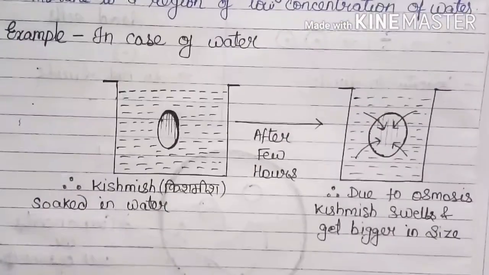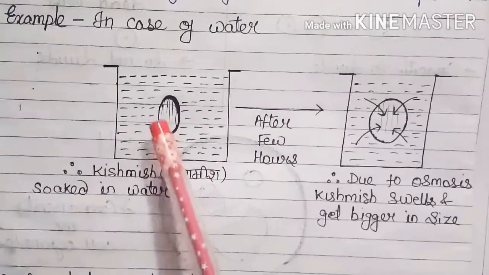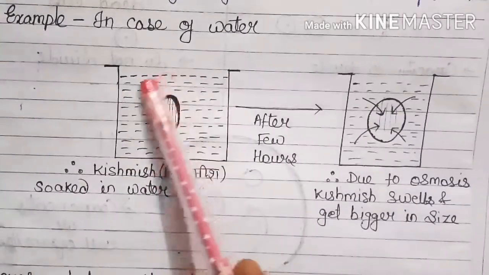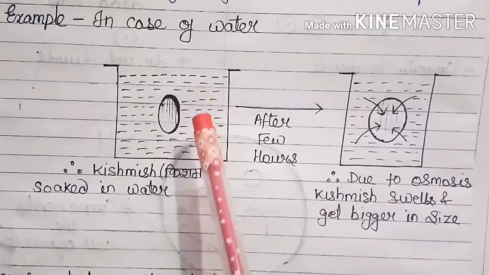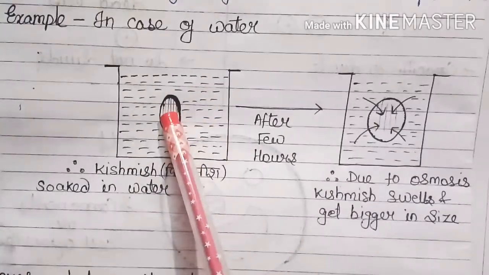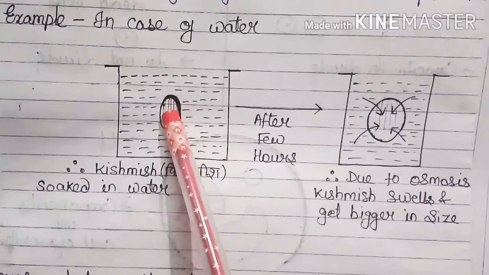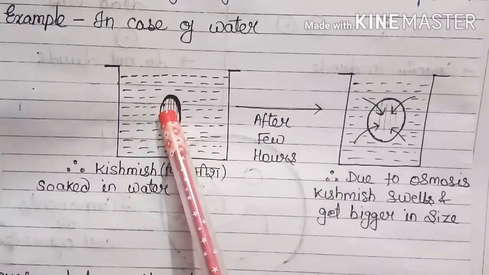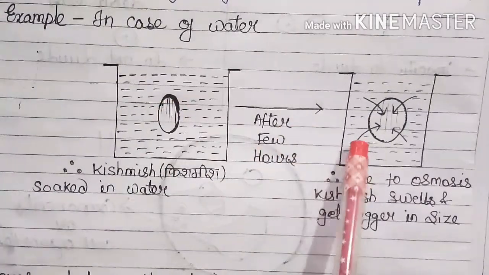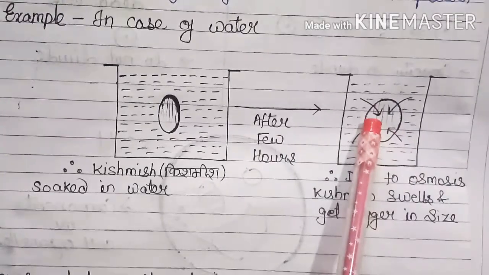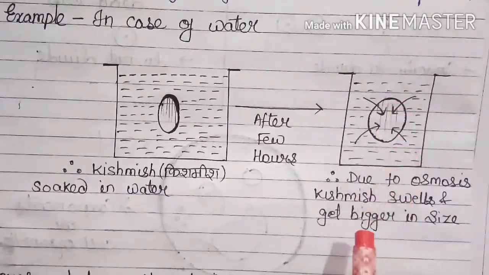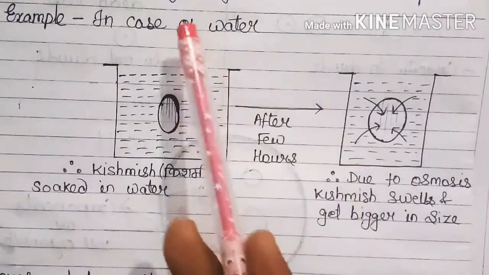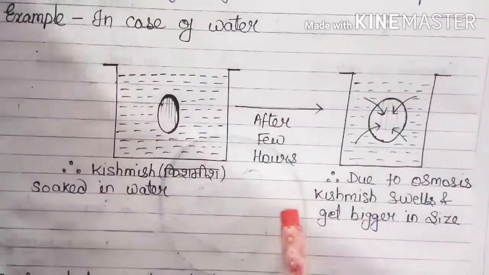So exactly in this example, in the beaker there is a humongous amount of water, which goes inside the kishmish, because the kishmish has a lower concentration of water. So this water gets into the kishmish and it swells up and becomes bigger in size. So this is what osmosis is.